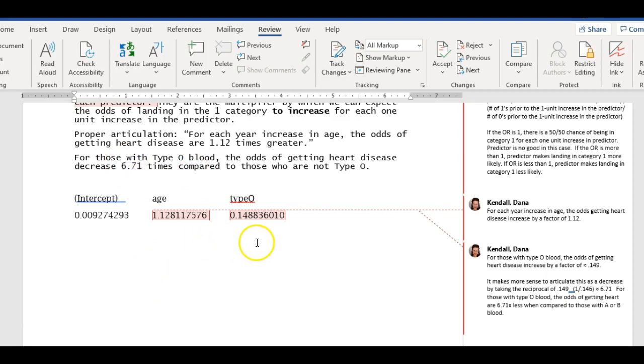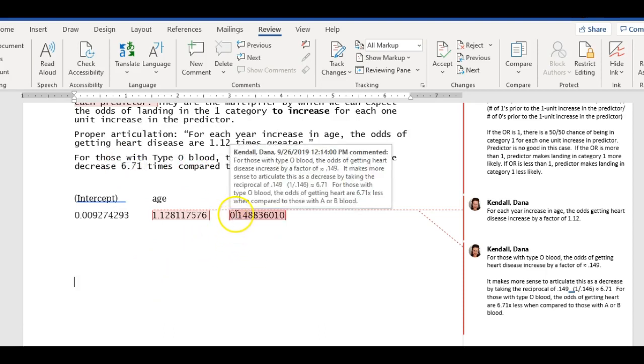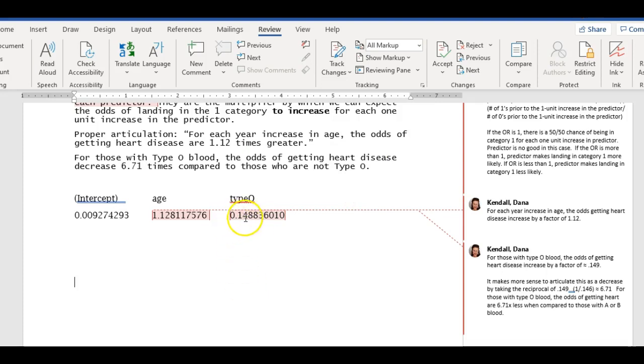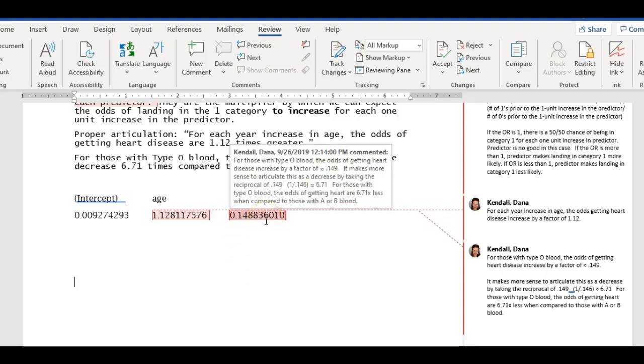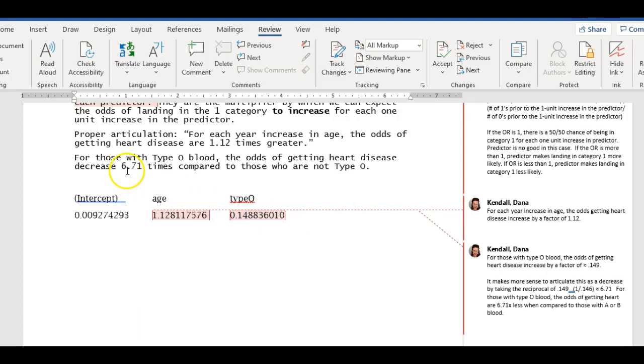But without doing all that work, all you need to do is take the reciprocal of this, which is just 1 over 0.14, and that was about 6.7. So this tells us that for type O blood, people are way less likely to get heart disease, and it's a greater effect size than even the age, which I don't think is realistic. I don't think the real world data reflects this. So again, this is totally fictitious.